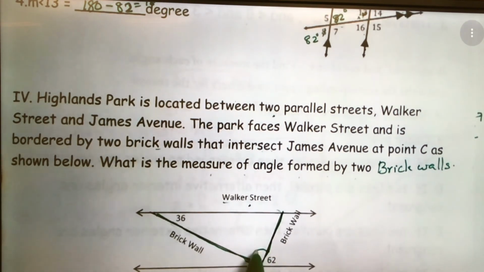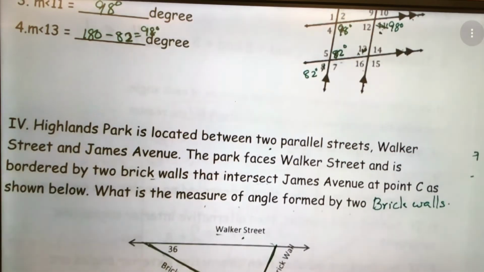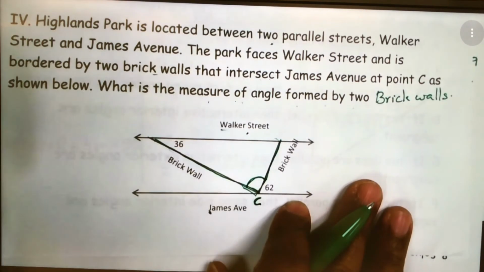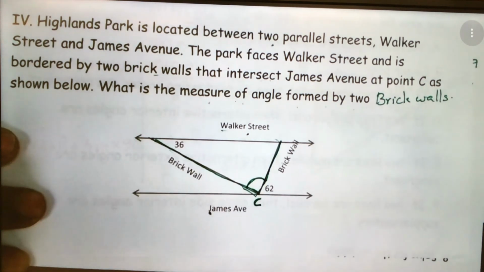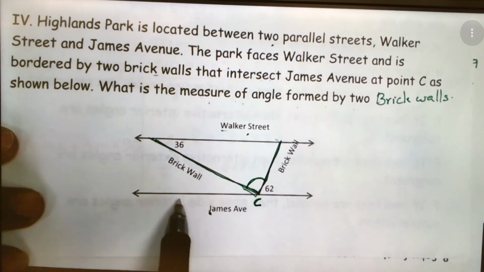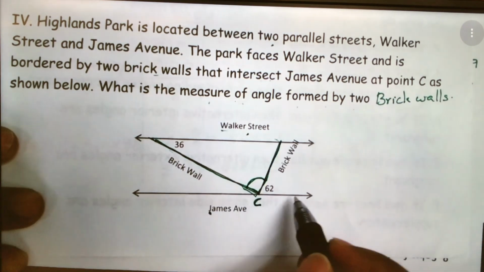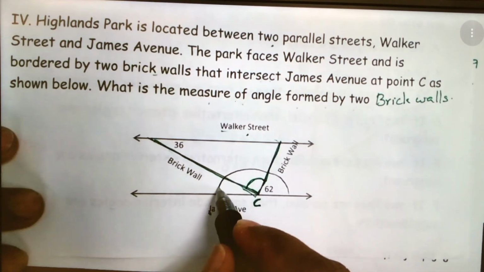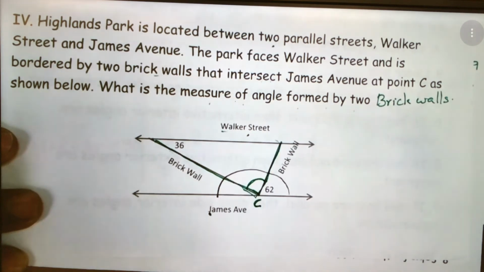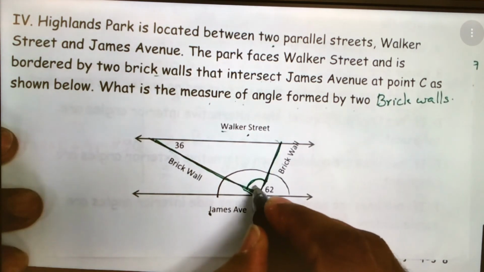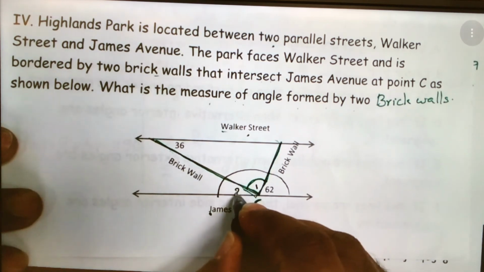So here is the angle. I need to figure out how much is the measure of that angle. When I look at that, you can see that there is a straight line. That means all three angles together make 180. To make the work easier, I'm going to name this angle 1 and this angle 2.